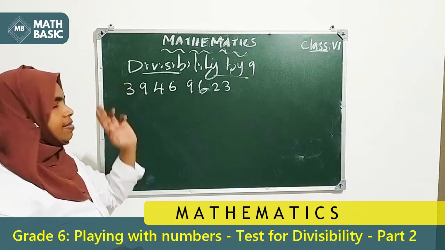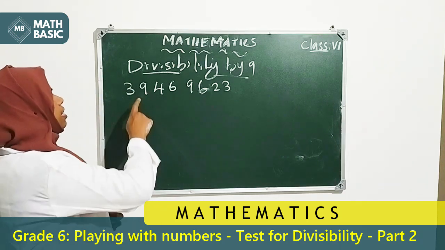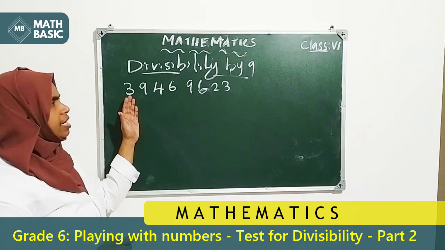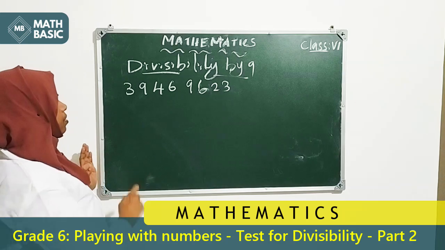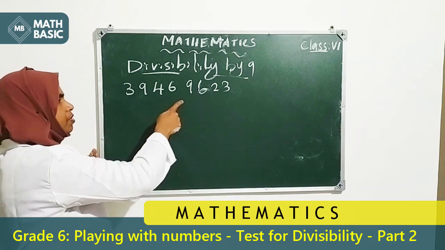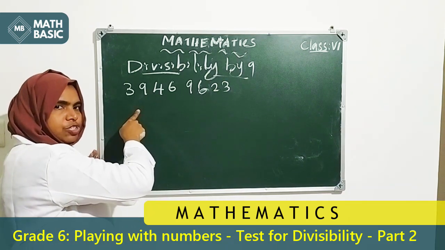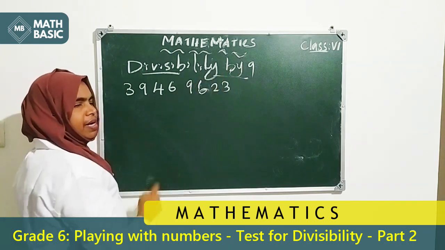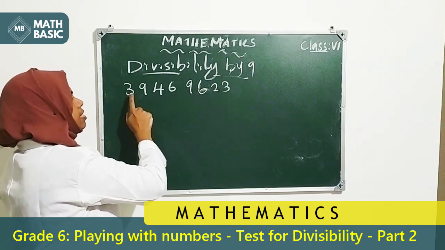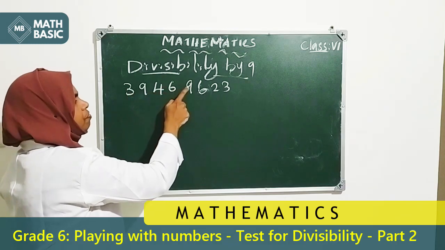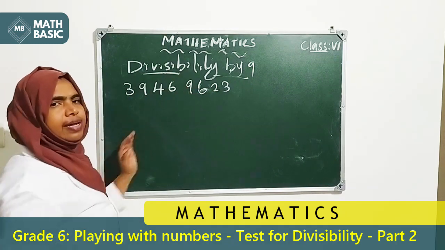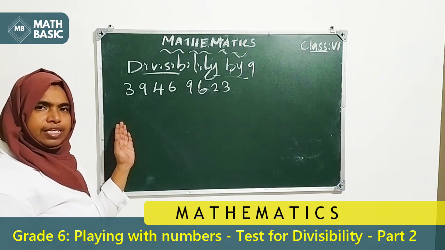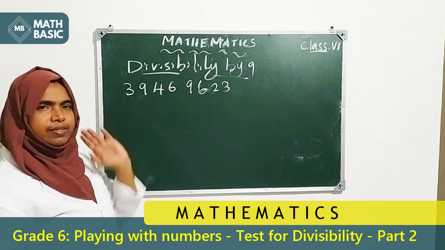See this example. Divisibility by 9. Check whether this number is divisible by 9 or not. Before that we have learned what divisibility by 3 is. Now divisibility by 9. This is 1, 2, 3, 4, 5, 6, 7, 8, an 8-digit number. How can we check it? Just the same as divisibility by 3.